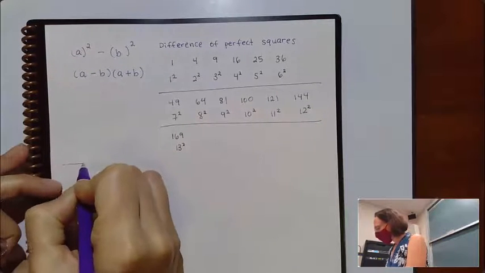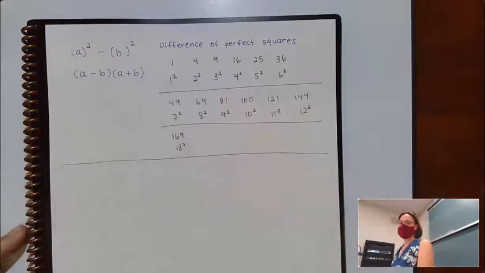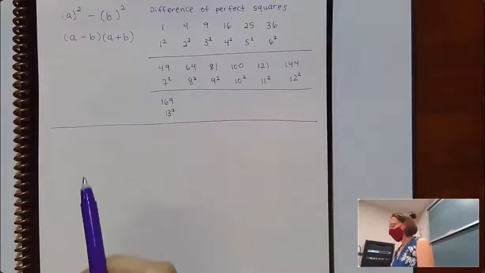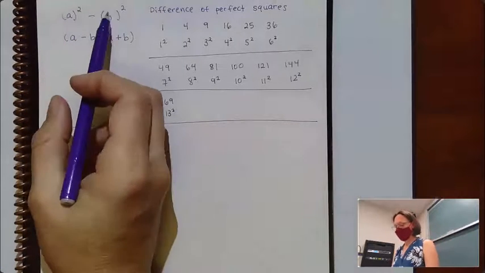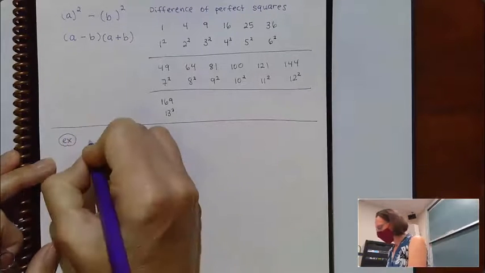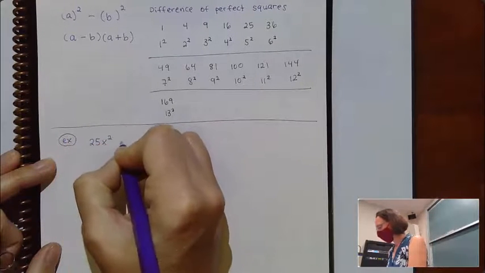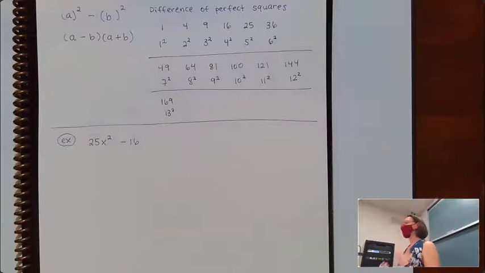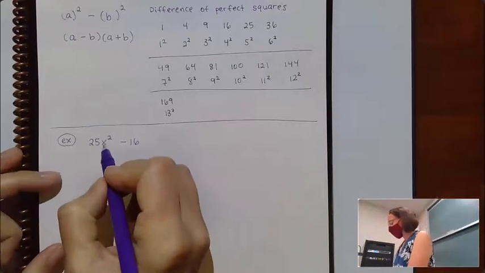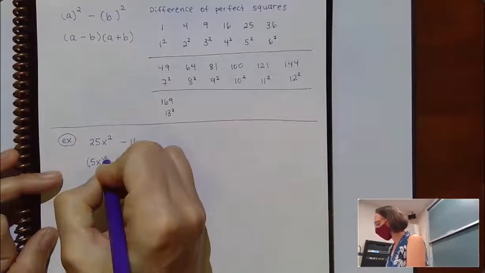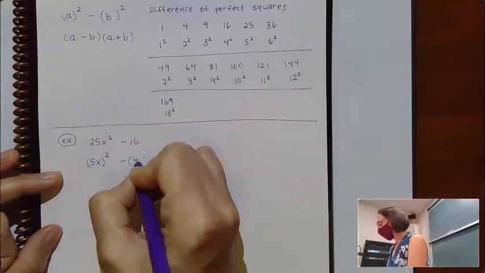So one of the things about factoring differences of perfect squares, this works anytime I can group something as something squared minus another something squared. For example, if I had 25x squared minus 16, I can factor this as the difference of perfect squares because I can think about that 25x squared as 5x, the whole thing squared, minus 4 squared.